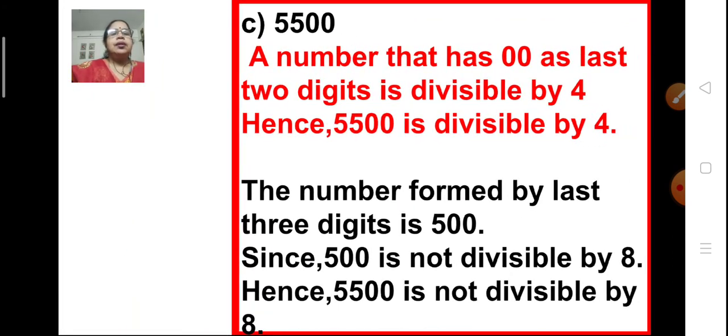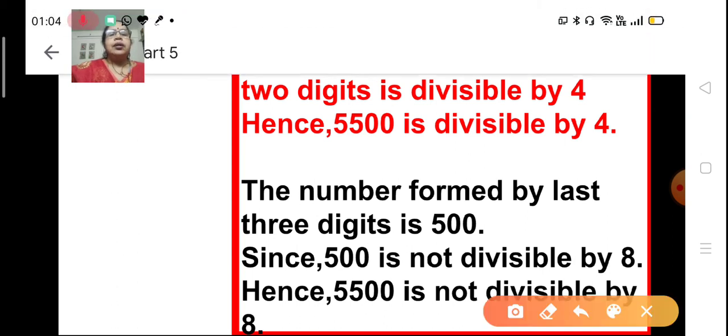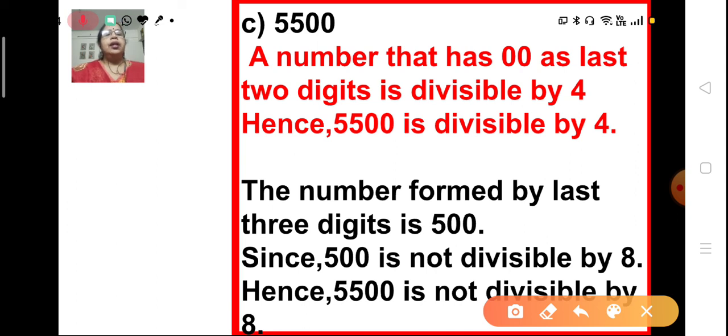Now, let us look at problem C, 5,500. Now, children, whenever we have a number which has 2 zeros in its ones and tens place, then the number is divisible by 4.